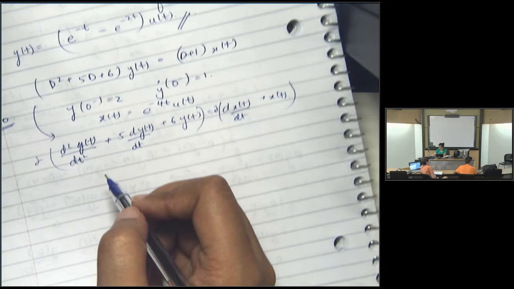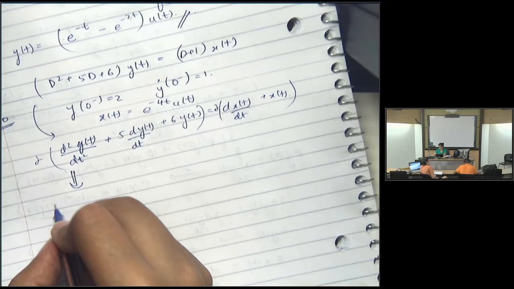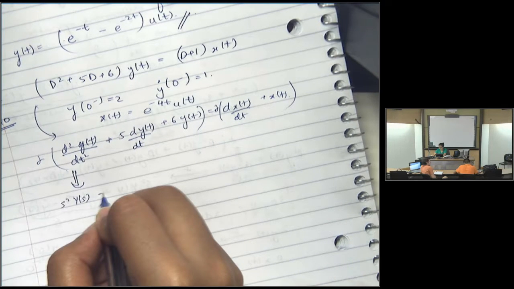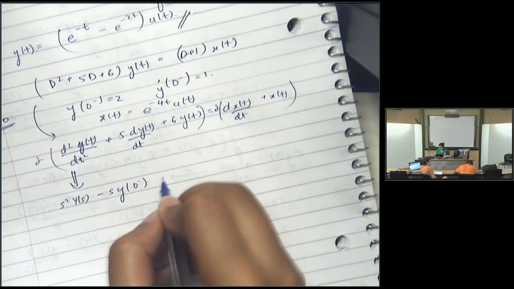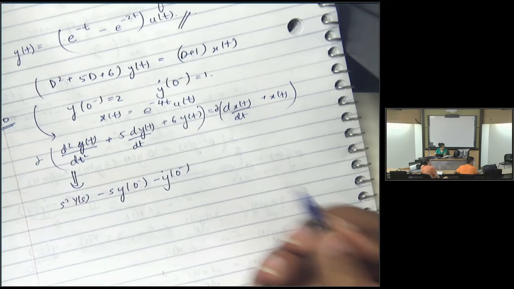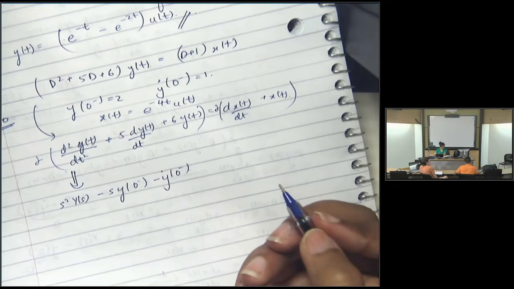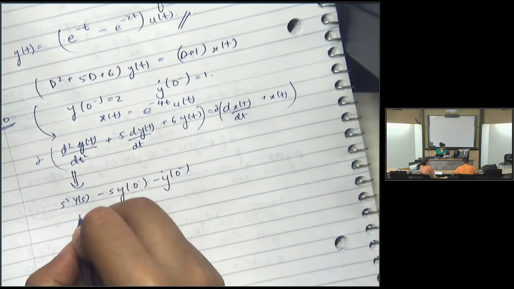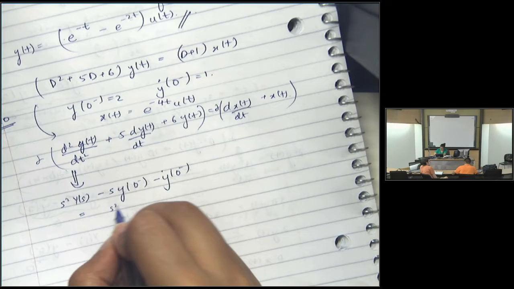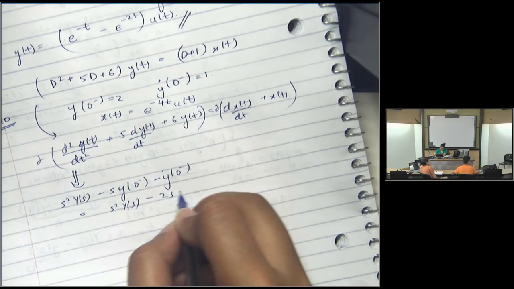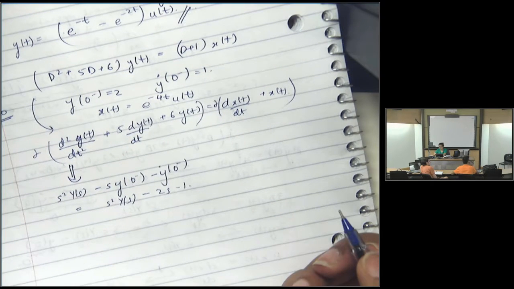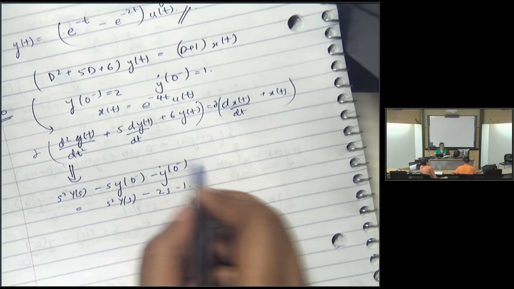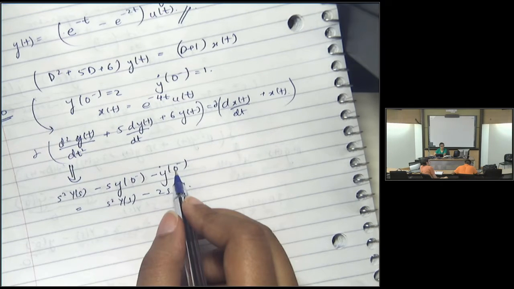So the Laplace of my first term will be s square Y(s) minus s y(0 minus) minus y dash (0 minus). This will be s square Y(s) minus 2s minus 1. So do not forget about this factor, your initial conditions.